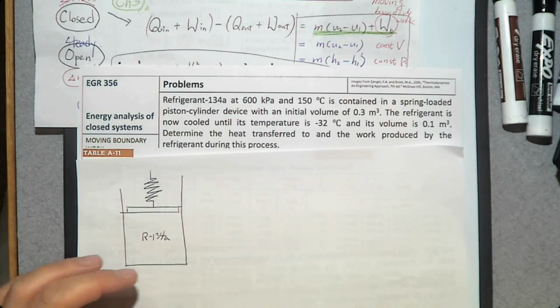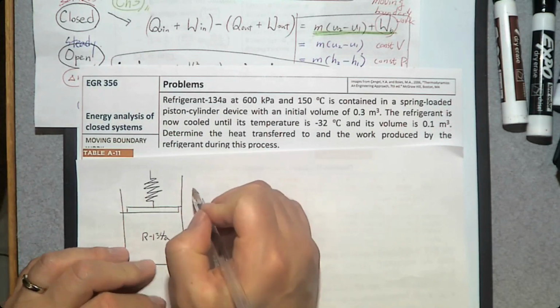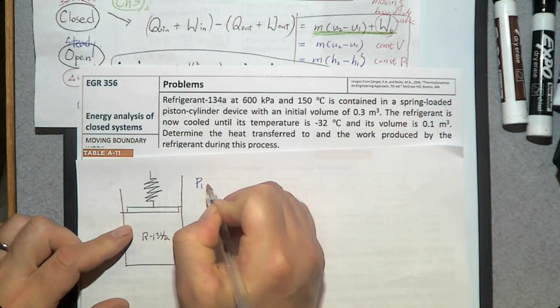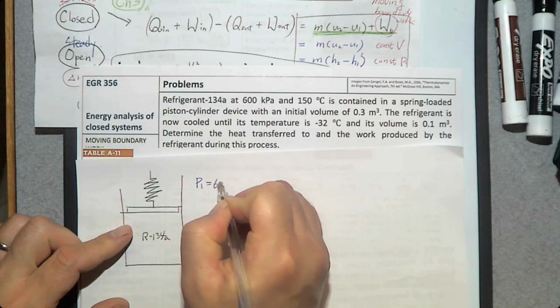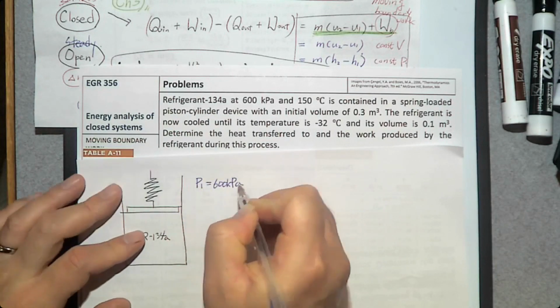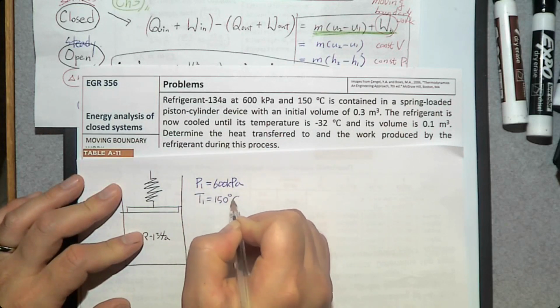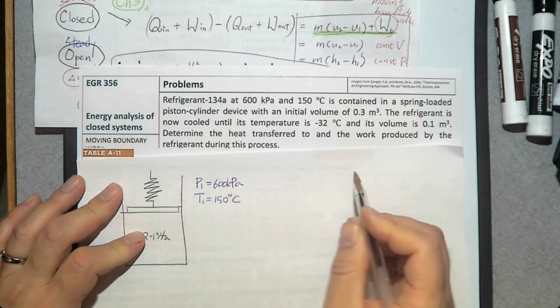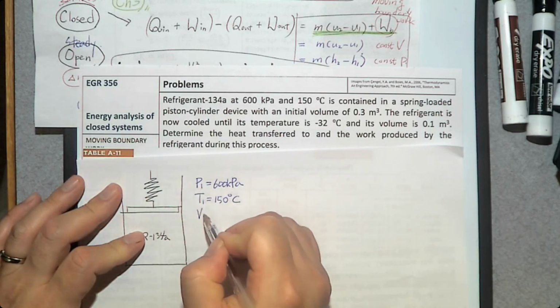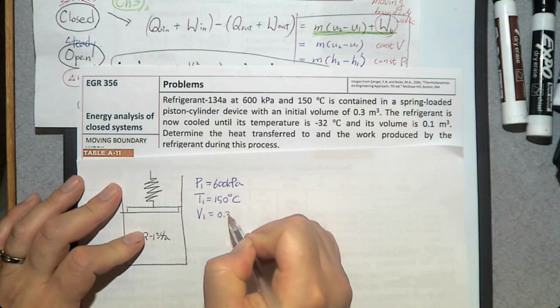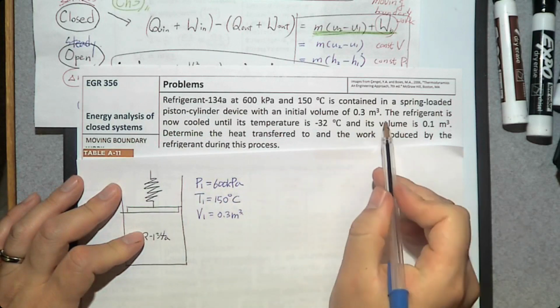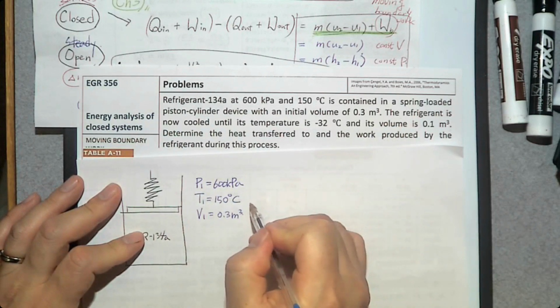So initially, initial pressure P1 is 600 kilopascal. Initial temperature T1 is 150 degrees Celsius. And initial volume V1 is 0.3 cubic meters. And now we have a cooling process.